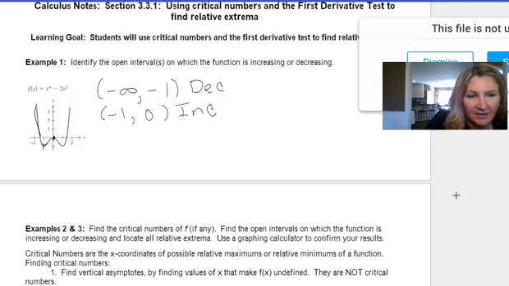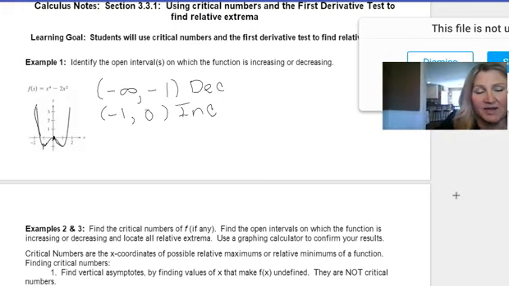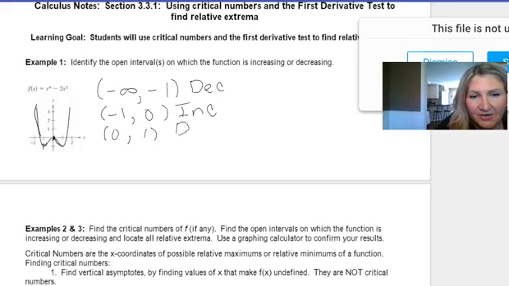Then from an x value of 0, and again, we always use the x's, not the y's, as we go from 0 to 1, the function is decreasing again. And then as we go from 1 to infinity, the function is increasing again.